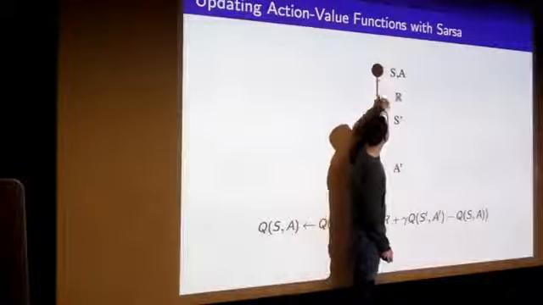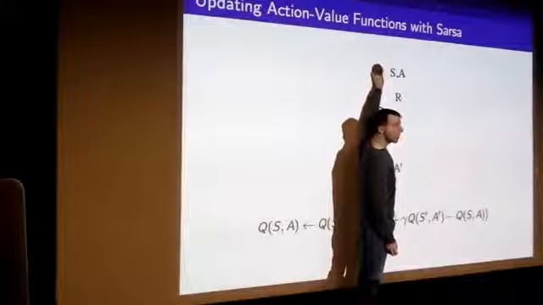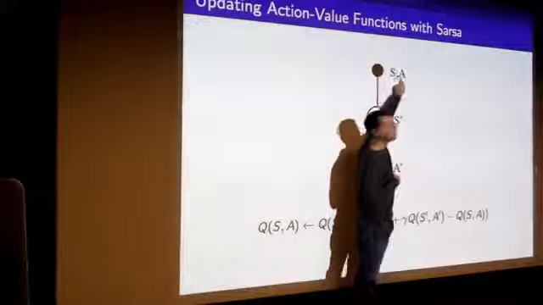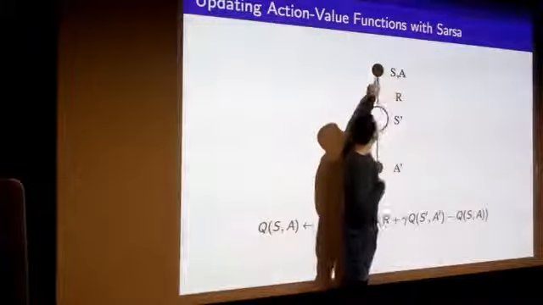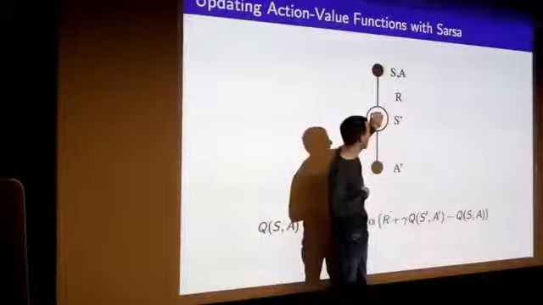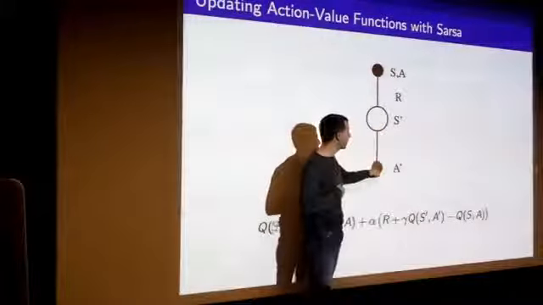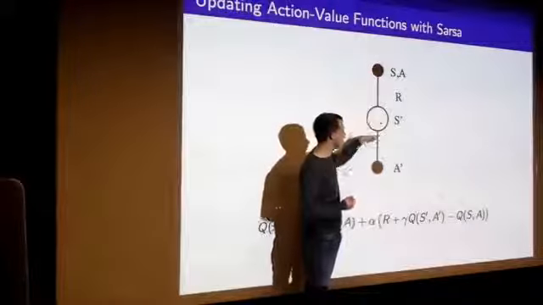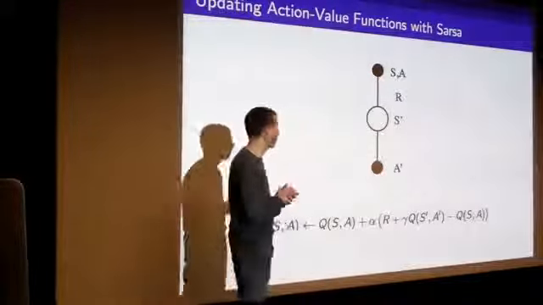Sorry, we're not sampling our policy yet. So we start off with state S here. We're asking a question about this state S and this particular action A. We're going to sample from the environment to see what reward R we get and what state S prime we end up in. And then we sample our own policy at that next state to generate A prime. So we end up with S, A, R, S prime, A prime, or the SARSA algorithm.